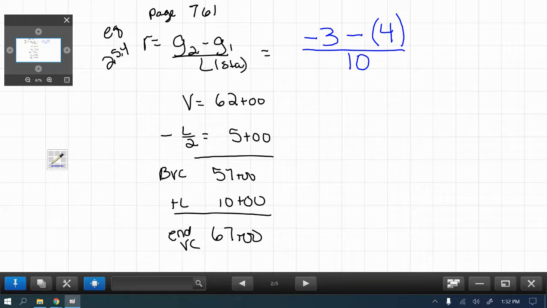So your R should be a negative 3 minus a 4 divided by 10. So I got negative 0.7 for my R.